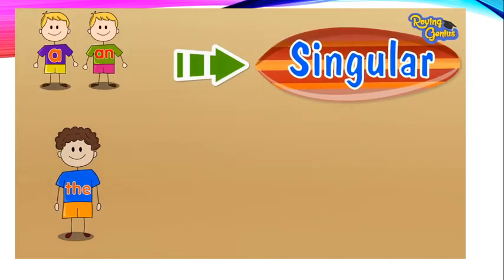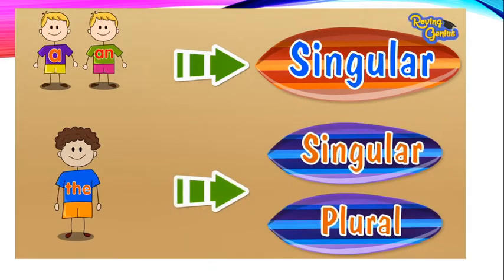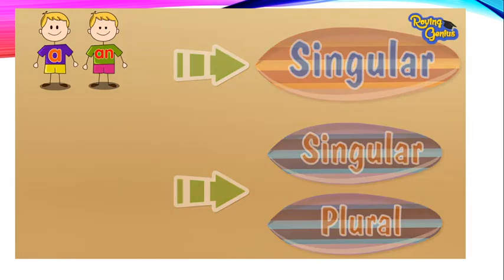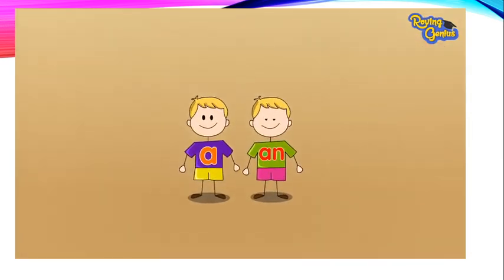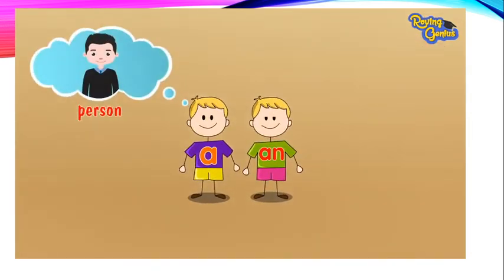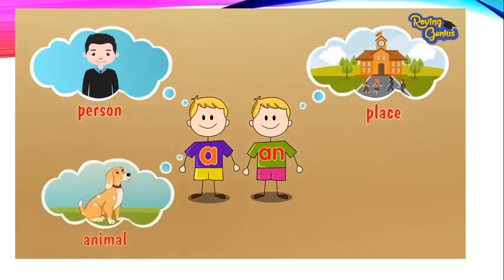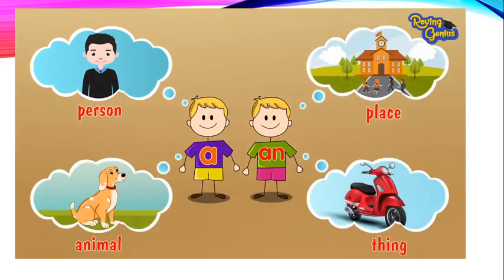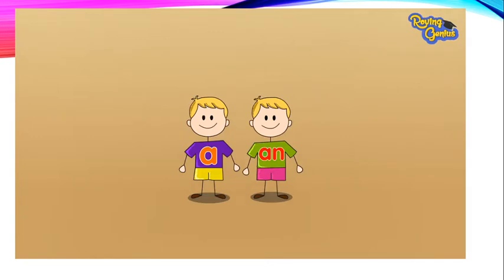The elder brother, The, likes to point out both singular and plural nouns. A and An are usually seen with one person, one place, one animal, and one thing. Though they are twins, both have different hobbies.